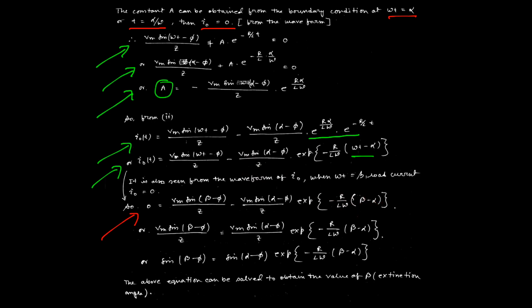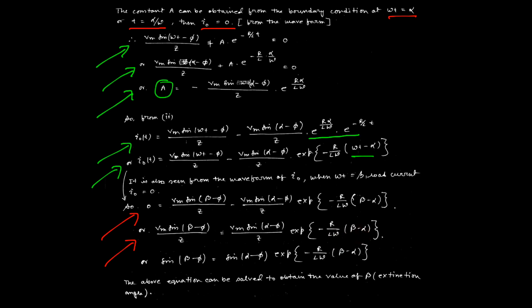So finally, after simplification, we can write the expression Vm sin (beta minus alpha) by z is equal to Vm sin (alpha minus phi) by z exponential of minus R by L omega (beta minus alpha).